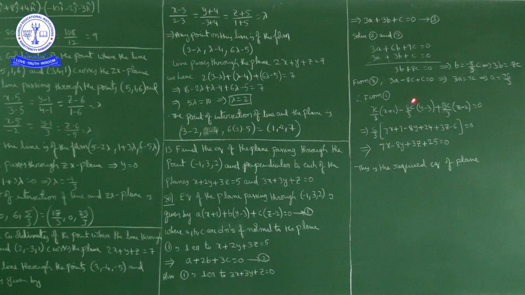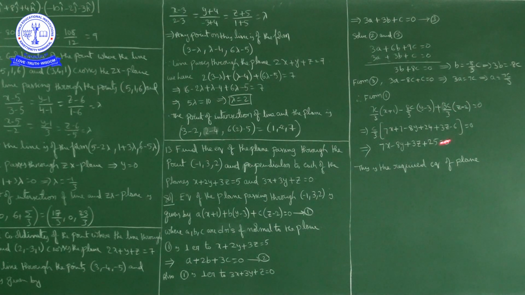Here c/3 is common overall. So c/3 into (7x + 7 - 8y + 24 + 3z - 6) equal to 0.